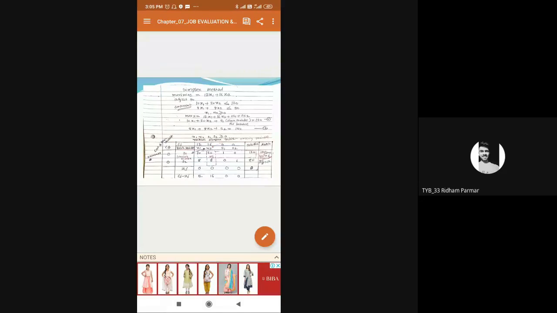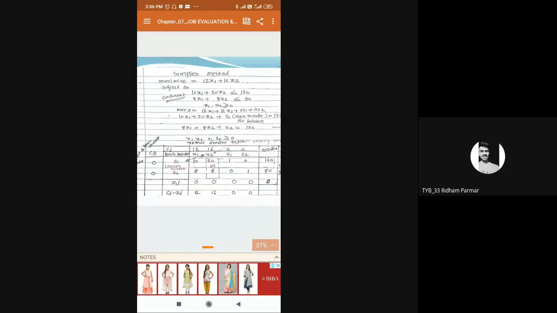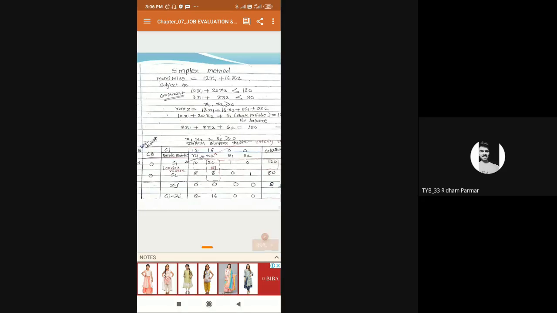Okay. So here, the last row, the answer 12, how we have got that: Cj minus Zj. What is the Cj? You can see at the top, that is 12. 12 minus 0, that is 12. 16 minus 0, 16. And here, what is this?